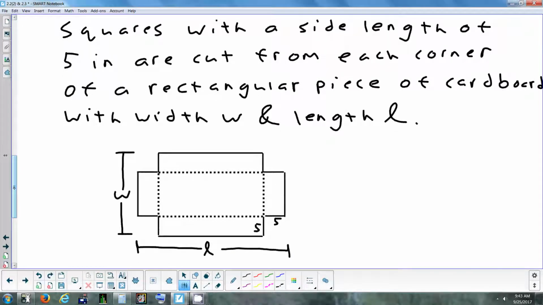And the squares we're going to cut out of the corners are 5 inches by 5 inches. So any question on the setup? All right. Overall here, the width of our original piece and length are given there.